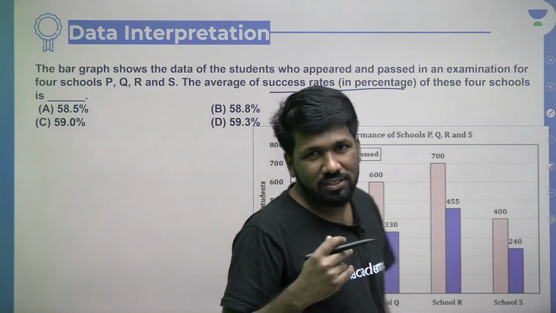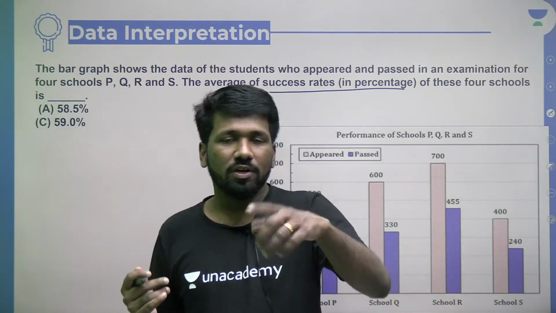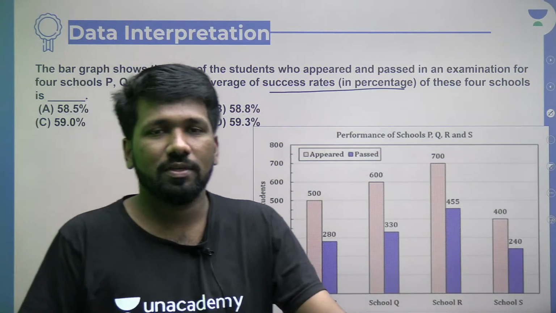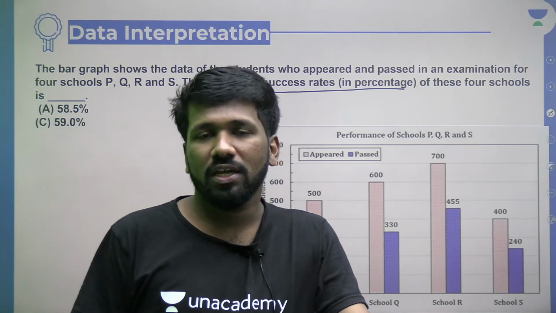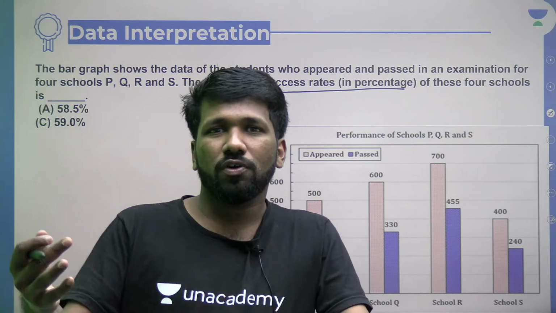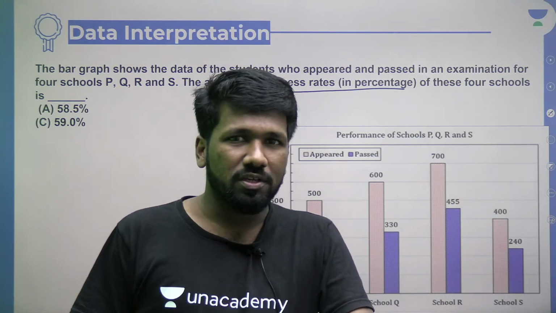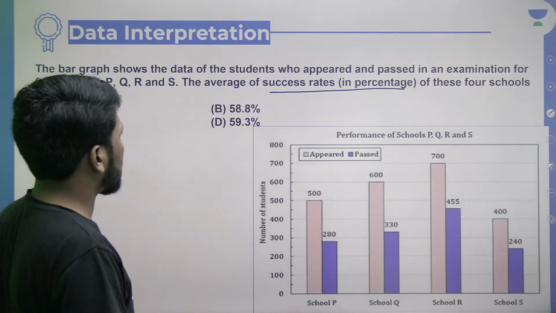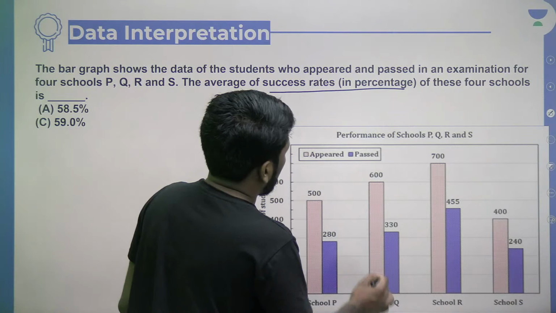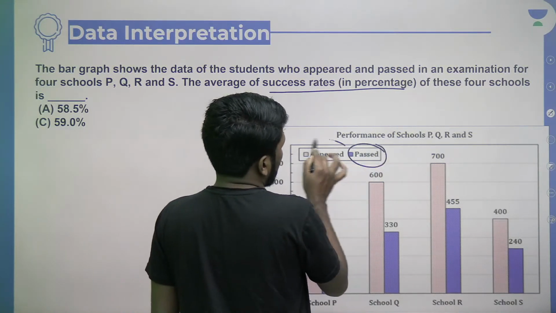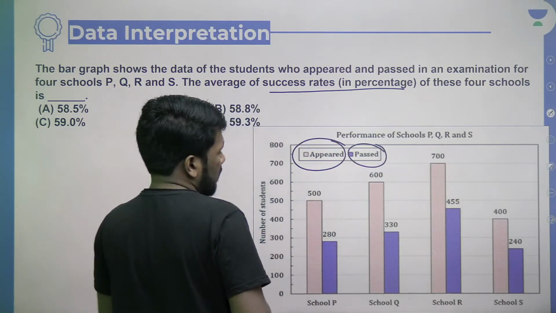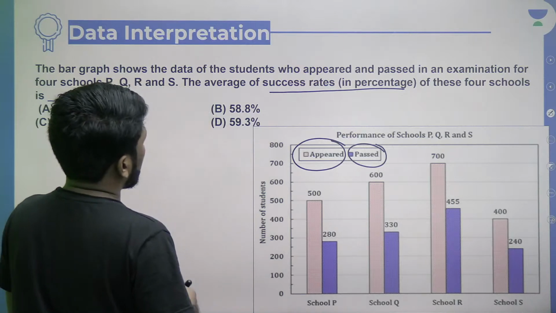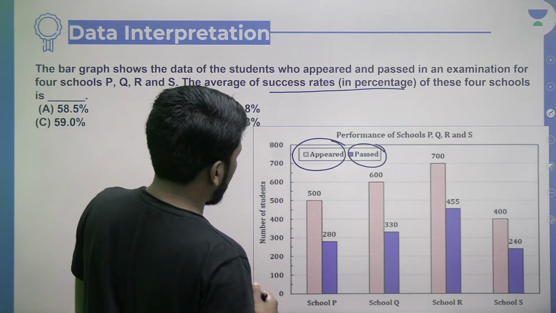Rate of success means, as in one of the previous classes, last to last class I guess, winning percentage: seats won out of total seats contested, the election result related question we discussed. In the same way, here success rate is passed students out of appeared students into 100, passed by appeared into 100 mathematically speaking.